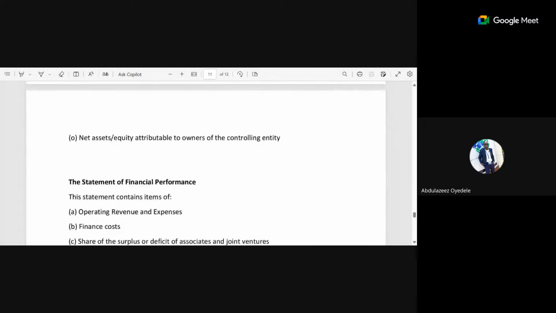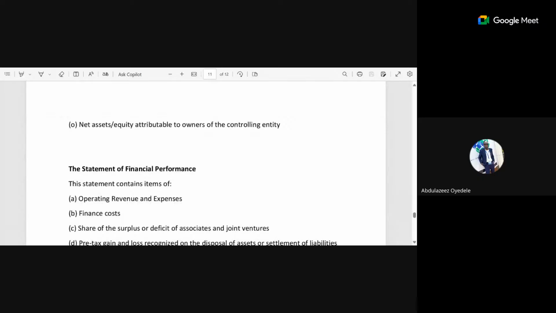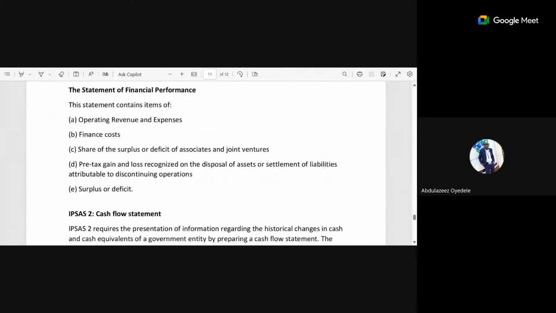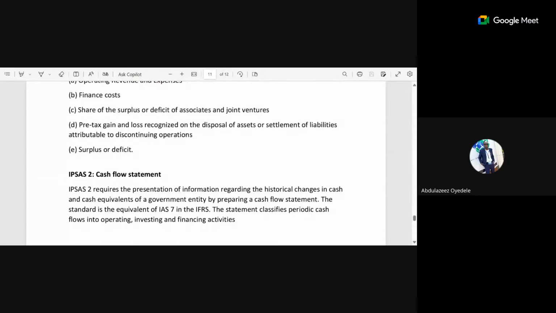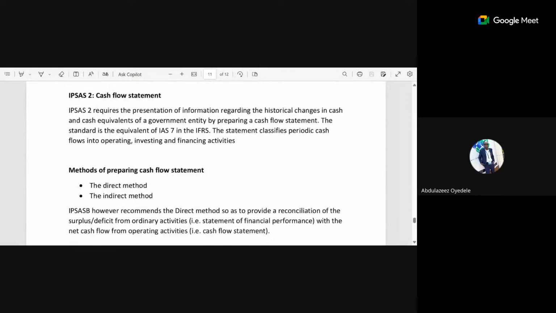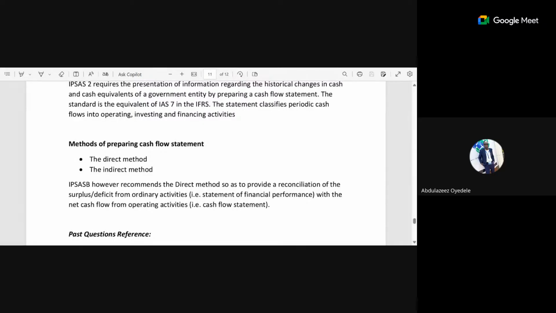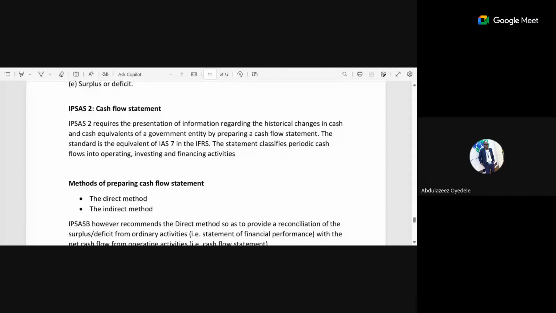Non-controlling interest as well. All of these will be in the statement of financial position. And then the financial performance: the operational revenue, expenses, interest, which is finance cost, then the surplus as well. Okay. So those are basically the nature of all these financial statements that we have.